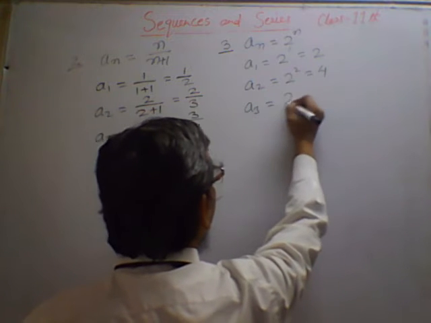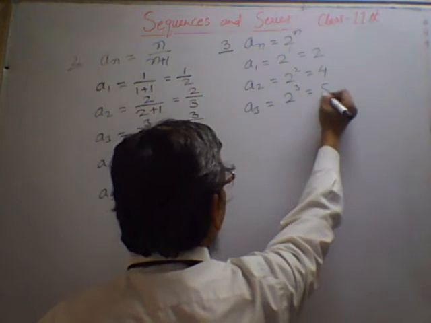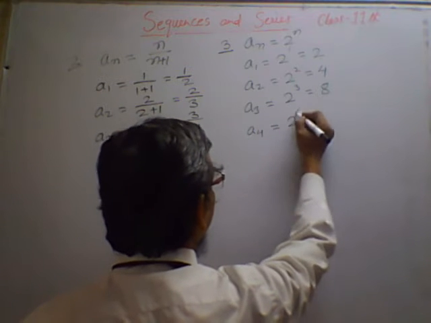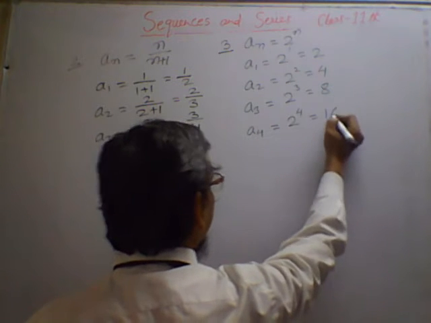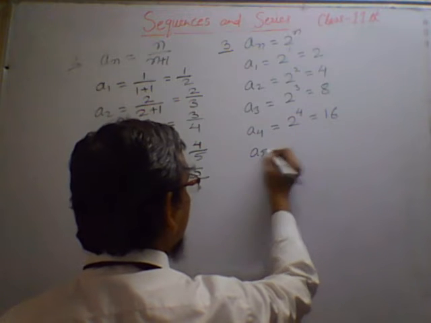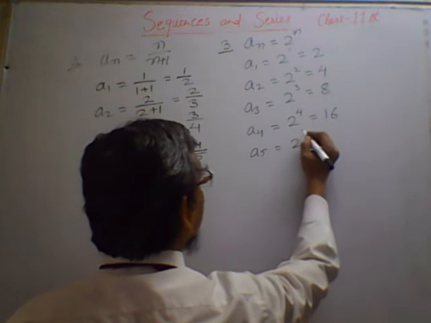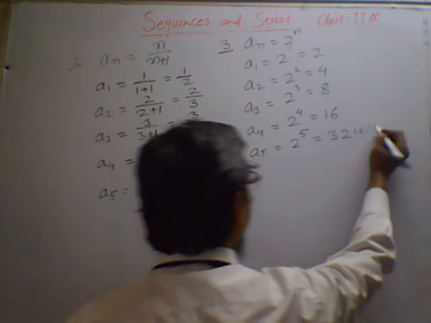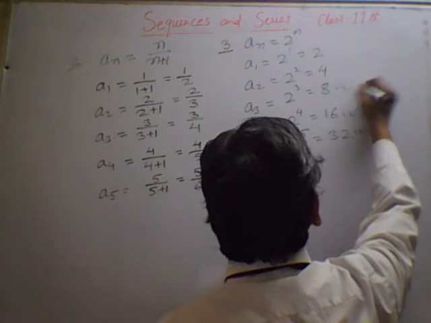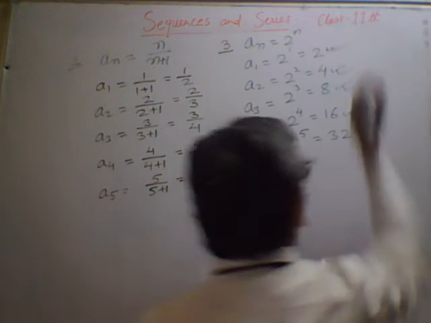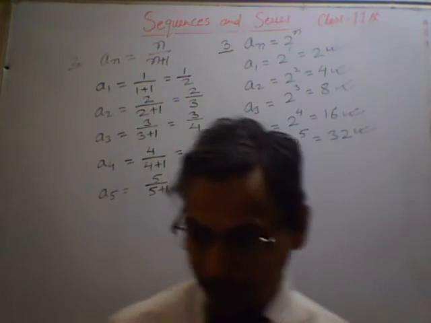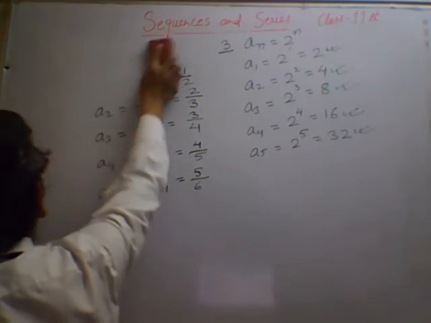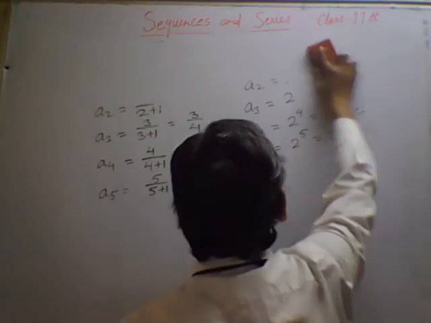A3, 2 cubed is 8. A4 equals 2 raised to the power 4, which is 16. And A5 equals 2 raised to the power 5, which is 32. So these are the answers. In this way we will find it out. Now we will move towards question number 4.